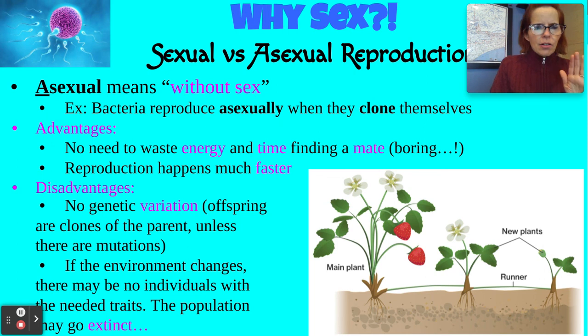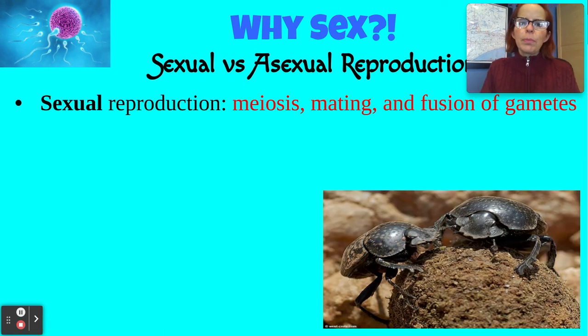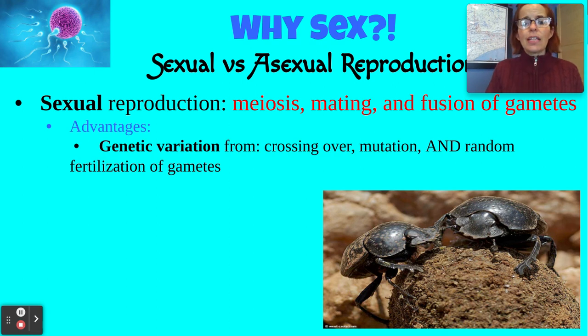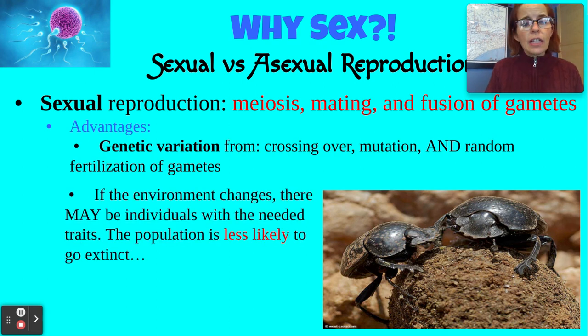All right. So for asexual reproduction, if the environment changes, there may be no individuals with the needed traits, so the population might go extinct. For sexual reproduction, the advantage is that it adds genetic variation and increases the likelihood that someone will be able to handle new changes in the environment.